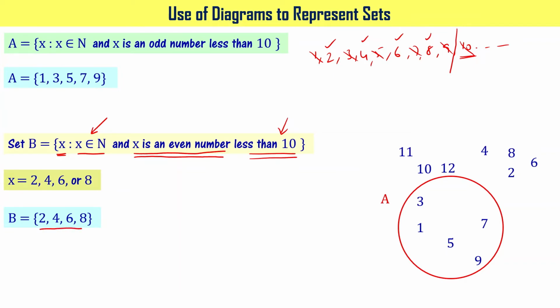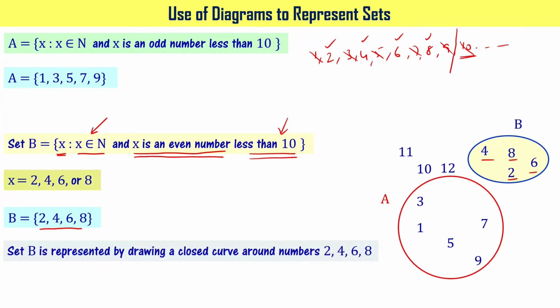Now I can represent set B also in the pictorial form by drawing a closed curve around those 4 elements 2, 4, 6 and 8, right?